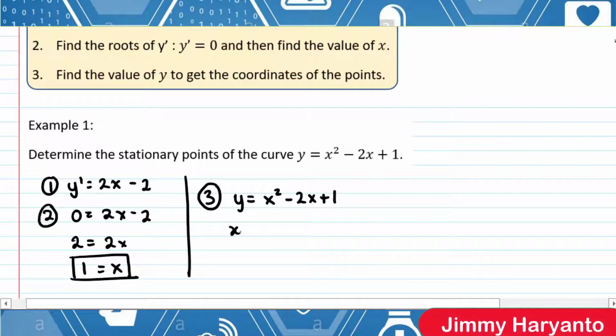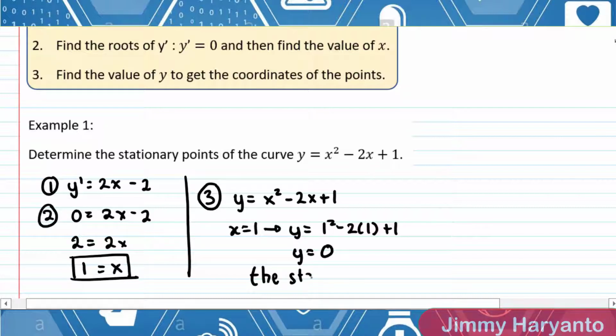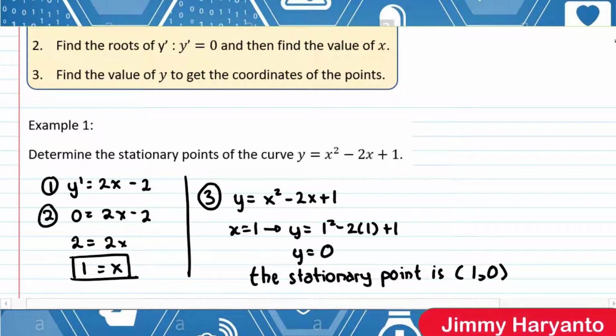So when x equals 1, the value of y is 1 squared minus 2 times 1 plus 1. So y equals 0. That means the stationary point is (1, 0).